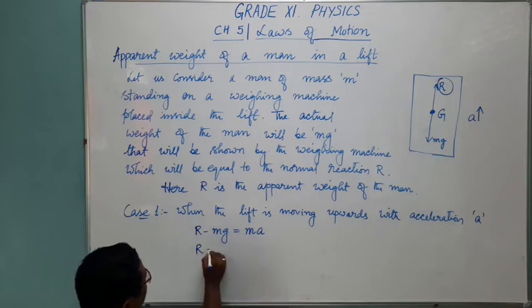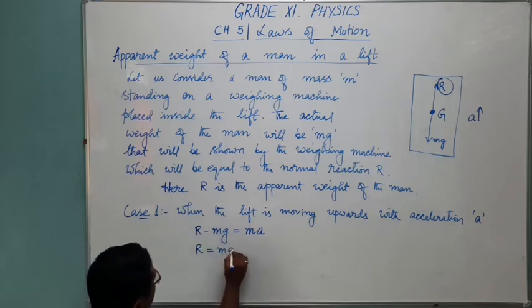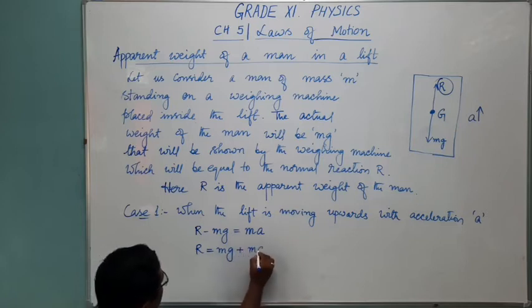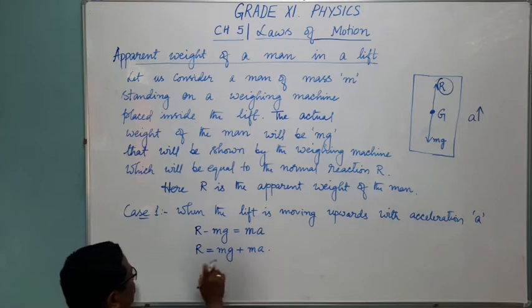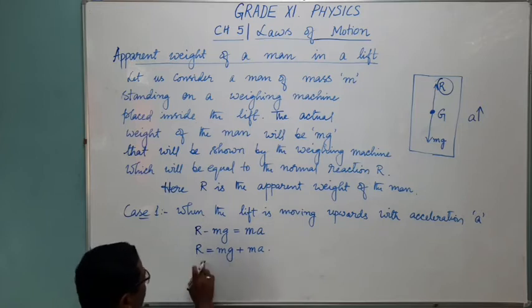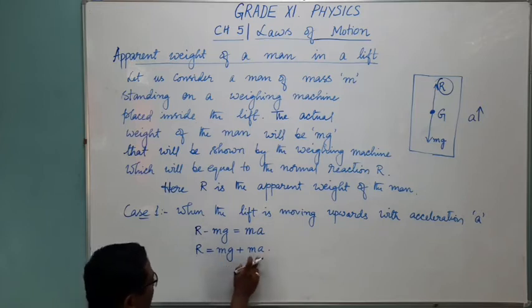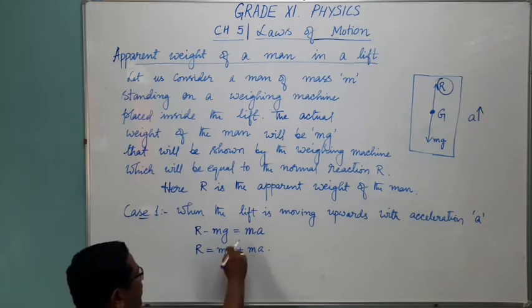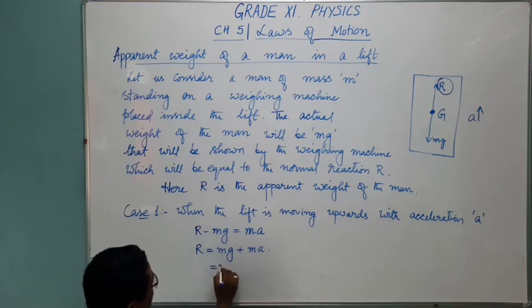So R is equal to mg, and if you bring this to the other side, it becomes plus ma. Earlier, when the lift was not moving, R was equal to mg. Now R is equal to mg plus ma, meaning extra force is added to the apparent weight. So the man will feel heavier. We can even write it like this, m times g plus a.